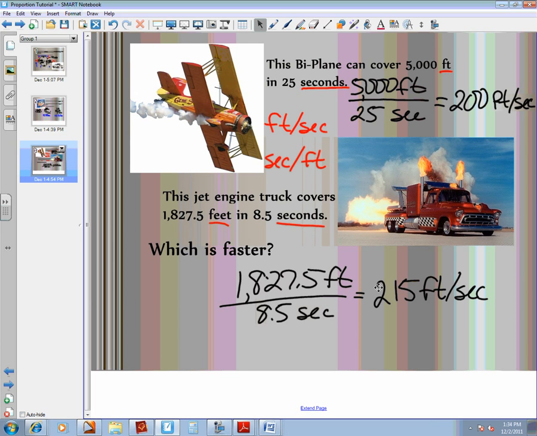Well, I can see that the jet engine truck is just a little bit faster. It's covering 15 more feet every 1 second. So it's going to just start to get further and further away from the biplane.